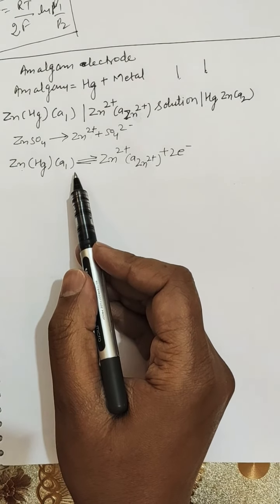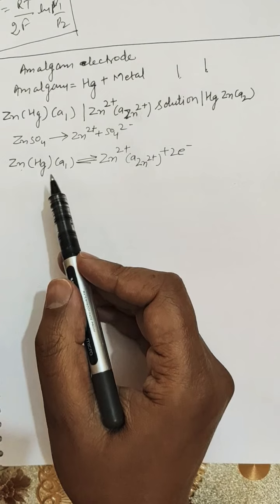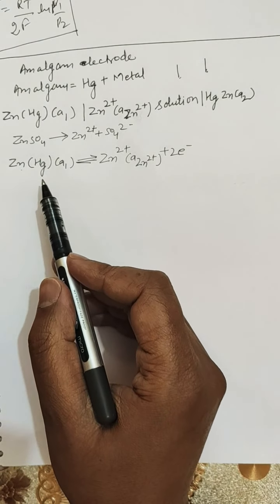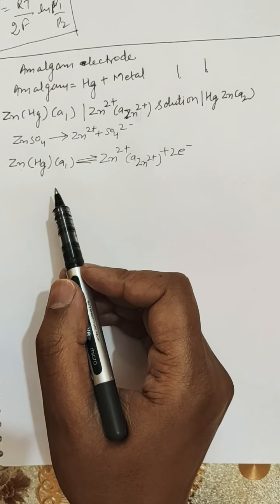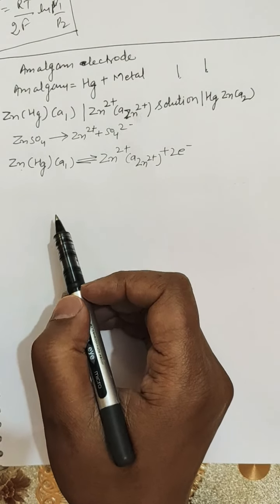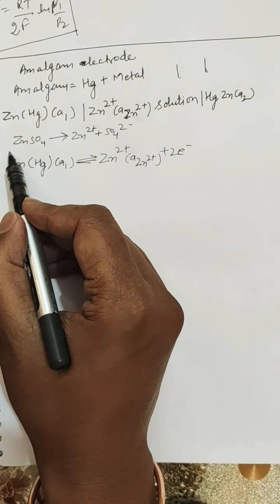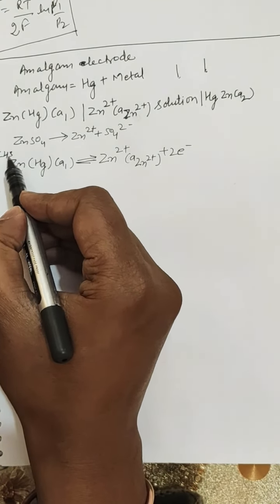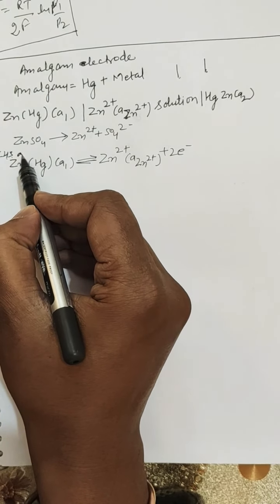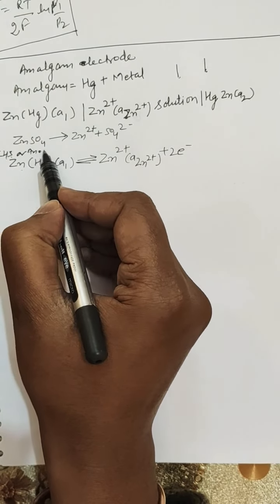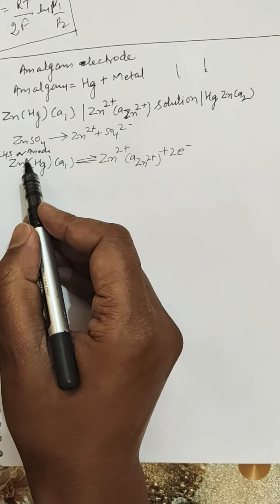So this is the oxidation reaction, and you know very well that oxidation takes place at the anode or left hand side electrode. So if you write it at the left hand electrode or at the anode, it means one and the same thing.